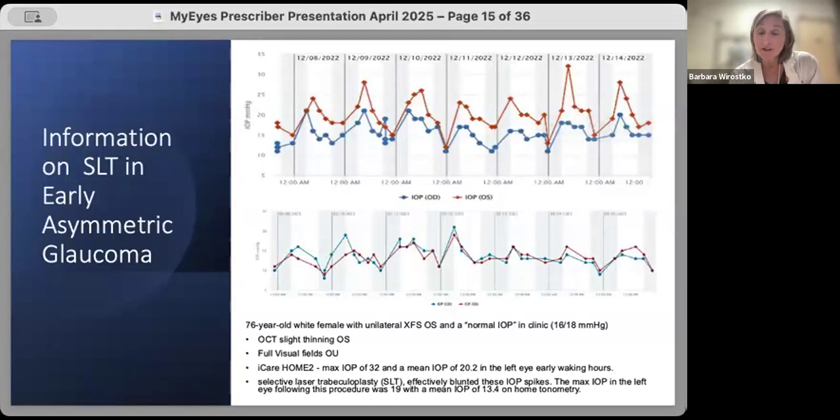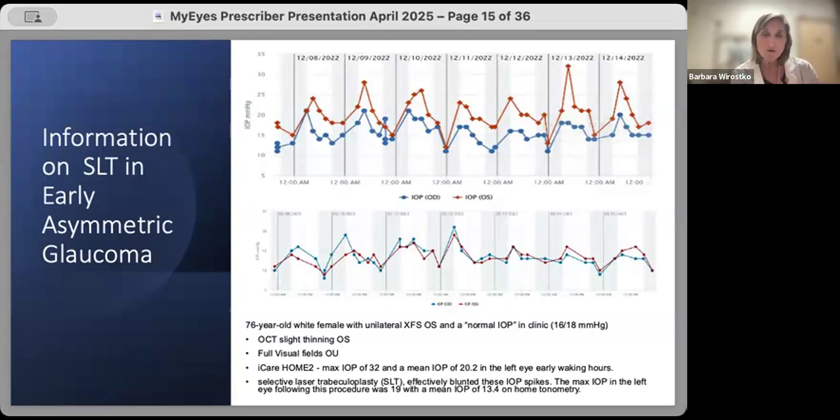Information on SLT. So here is a great example of where I use the eye care home to actually help me determine whether or not I should treat a patient. So this is a woman of mine. She's a 76-year-old female. She had unilateral exfoliation in her left eye. And every time I would see her, she would have a normal IOP. So her right eye would be 16, left eye 18.